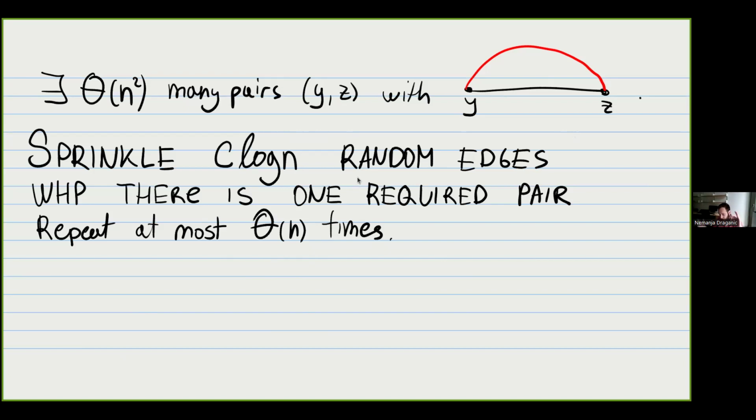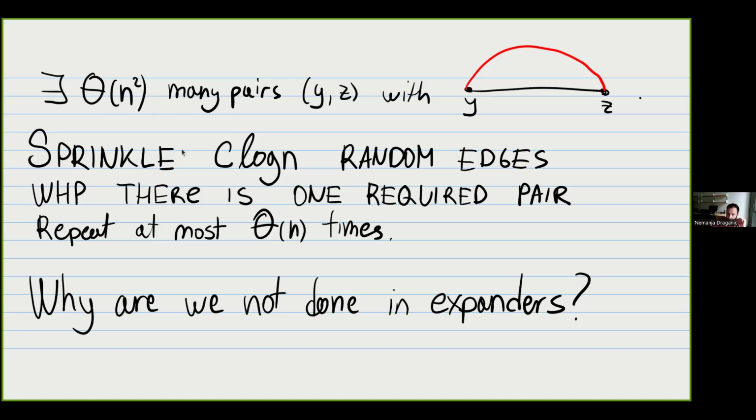Now I showed you this method in random graphs. This was known for 50 years. Why can't I now use this in expander graphs? First, expander graphs have this expansion property. I can do this expanding and the rotation to get many endpoints, and I can get these quadratically many pairs. So this I already have in expanders. And I also have edges between two large enough sets. So why am I not done in expanders?